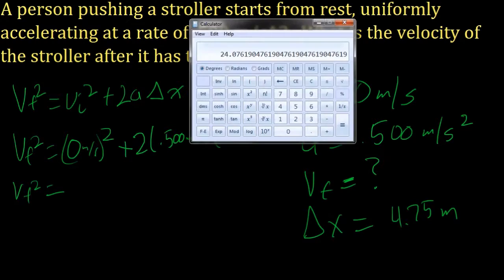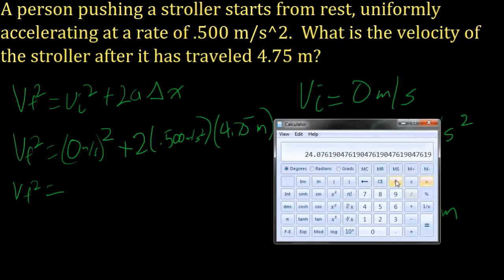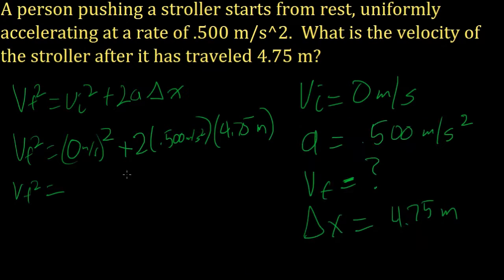I can't do that in my head, so let's see. 2 times 0.5 times, oops. Yes, I can do that in my head. What am I talking about? Half of 2 is 1 times 4.75 is 4.75. Great. Okay, so meters per second squared times meters, so that's meters squared per second squared.